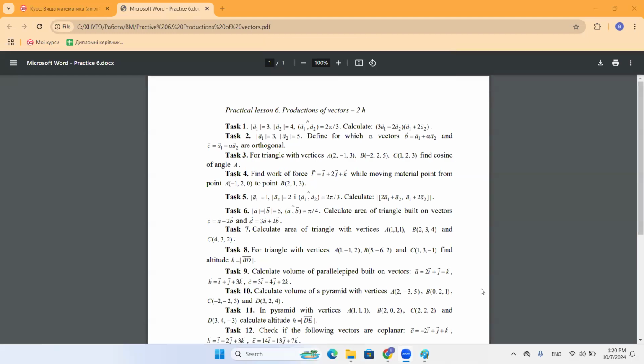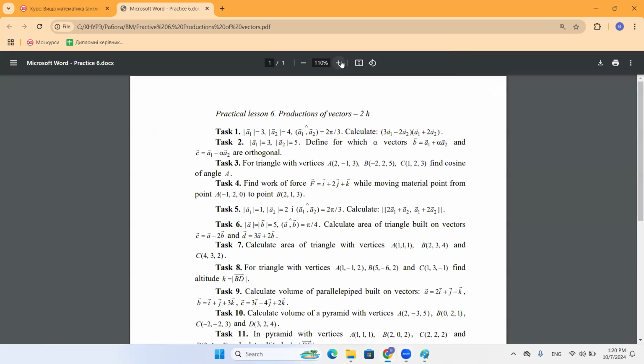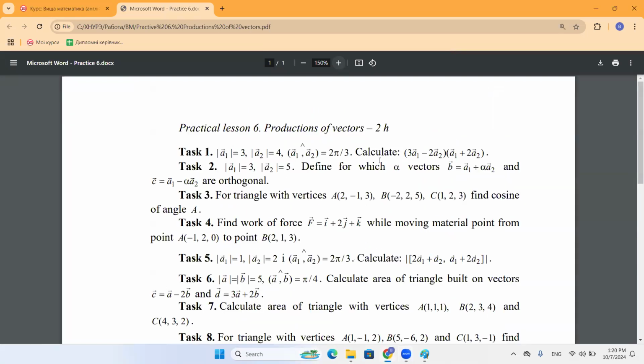And the first task is to calculate this. So we have modules, magnitudes, of two vectors, and we need to calculate the product of such vectors.